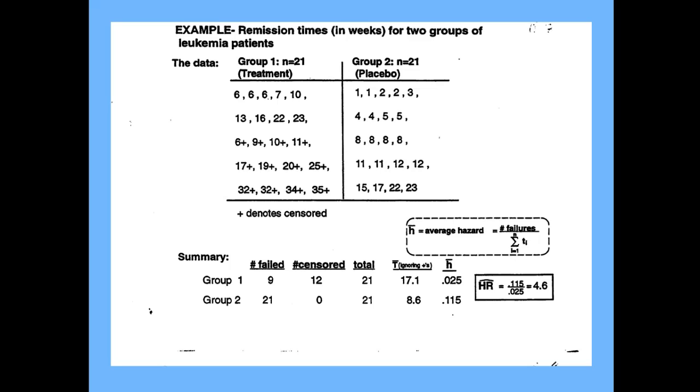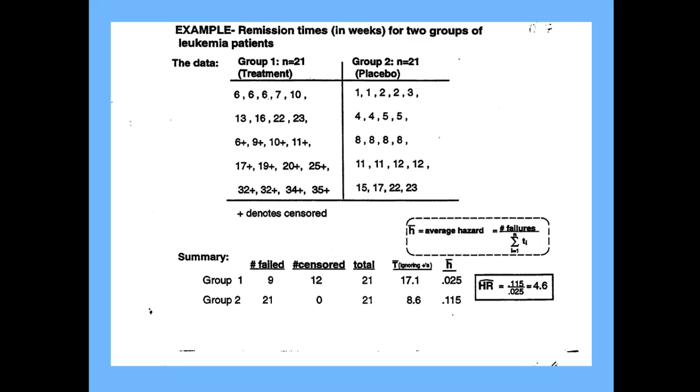Okay. But anyhow, you look at this data, and the question, what's the question of interest? The main question of interest is the people who are getting the treatment, are they surviving longer? Are they staying in remission longer than the people who are getting the placebo? If they were, then the treatment's doing better.